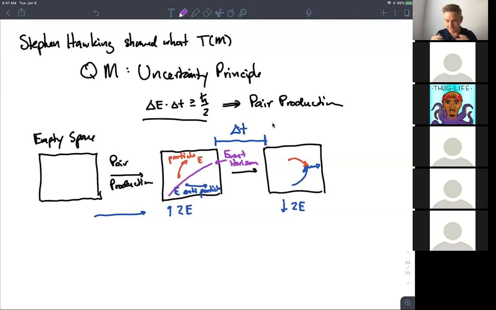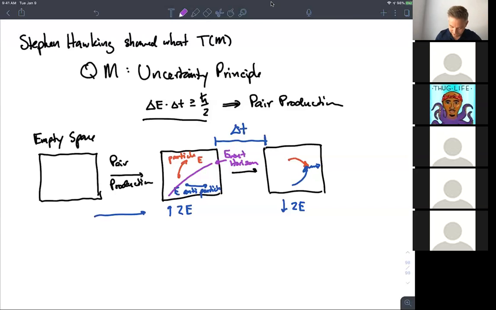So now what's going to happen sometimes is that one of the particles is going to get sucked into the event horizon while the other is going to escape. And so from a pair of what are called virtual particles, because one of the virtual particles gets sucked into the black hole, the other one essentially becomes real and escapes. Okay, that's crazy, right? So now you've produced a particle out of nothing.